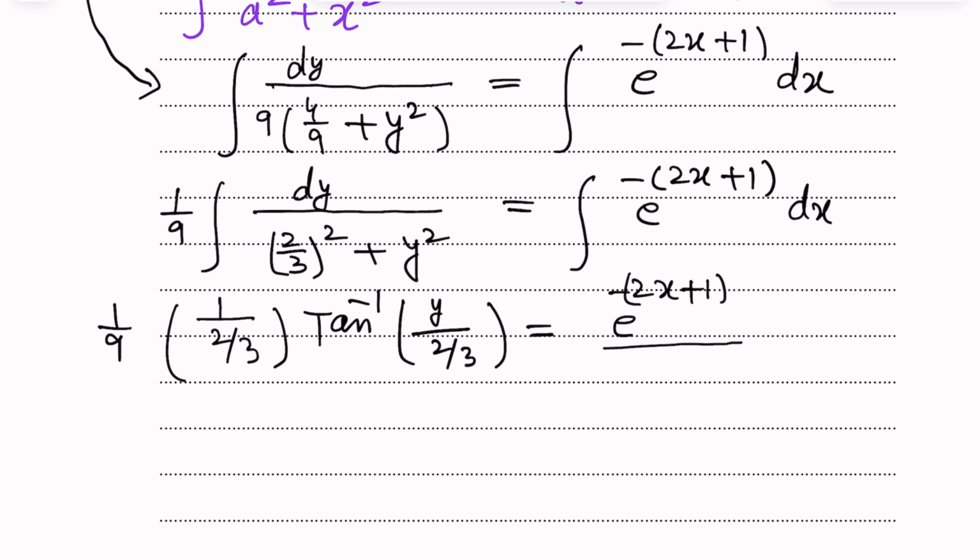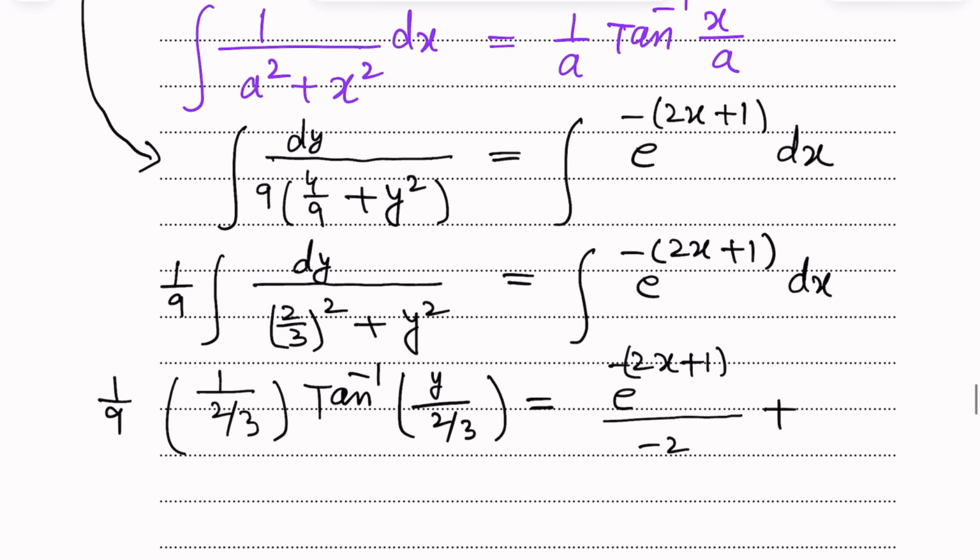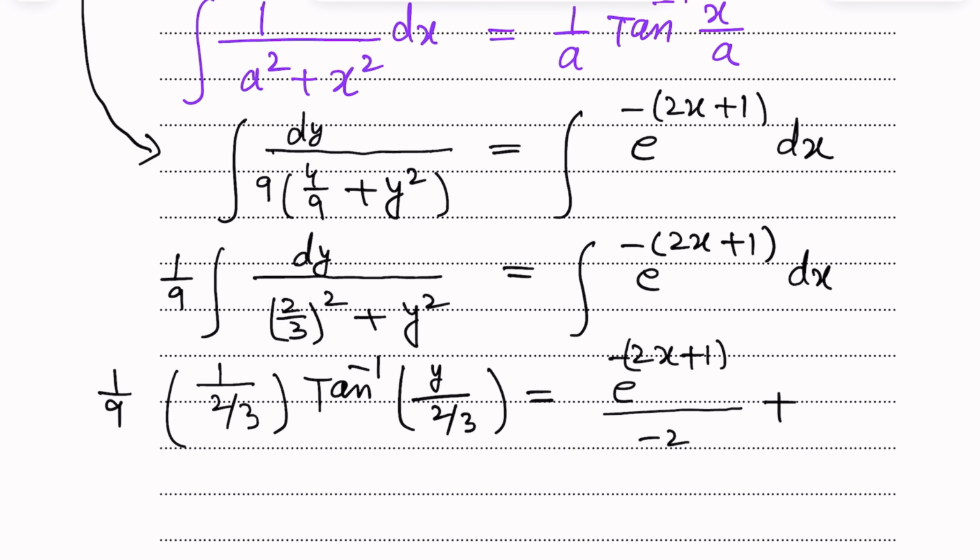So we write here minus 2, plus c, where c is the constant of integration.